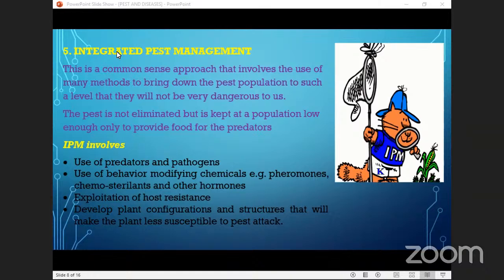And then the last one says, develop plant configurations and structures that will make the plant less susceptible to pest attack. You improve the plant's immunity. How do you do that? Number one, by breeding. Planting crops with higher pest resistance.